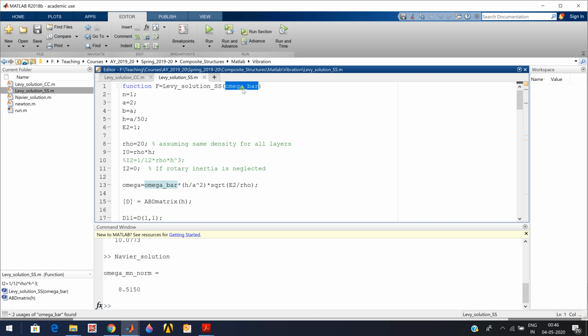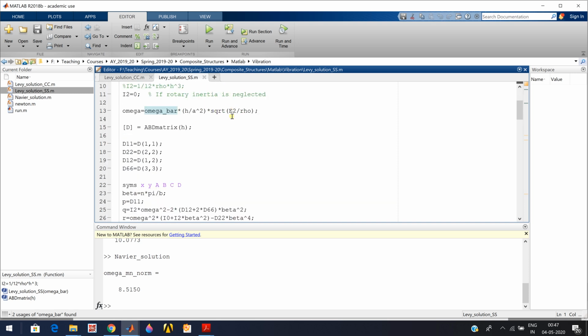So once omega bar is taken as input for this function, then from omega bar I am going to find omega, which is the dimensional frequency, because in formulas the dimensional frequencies are there.